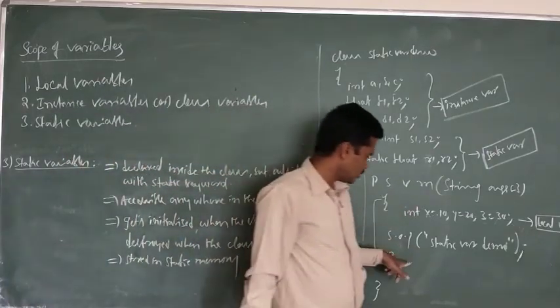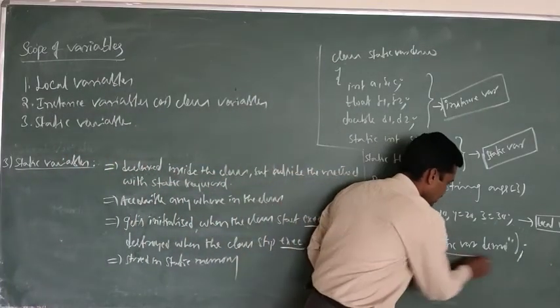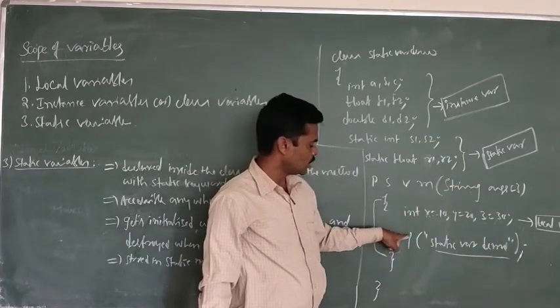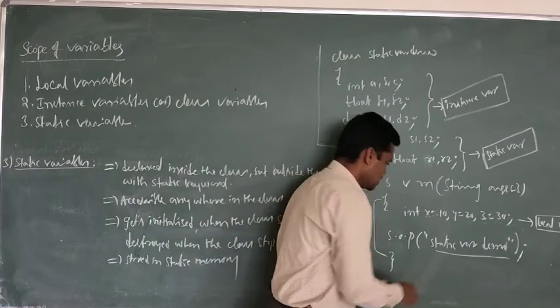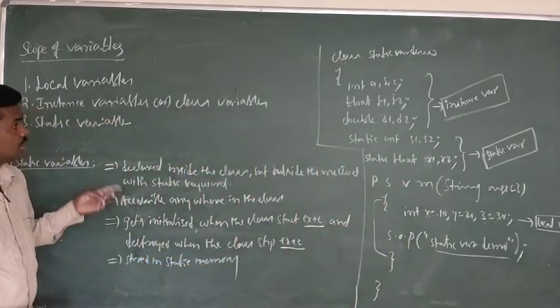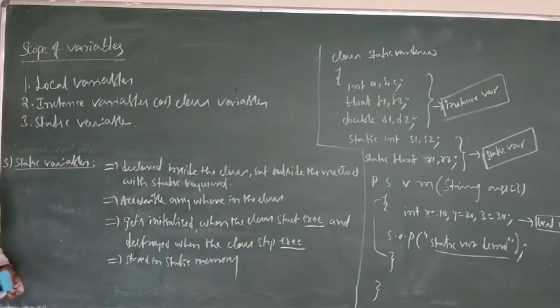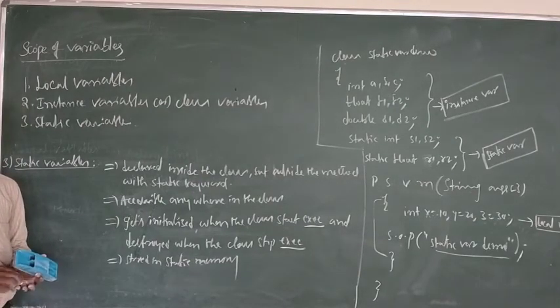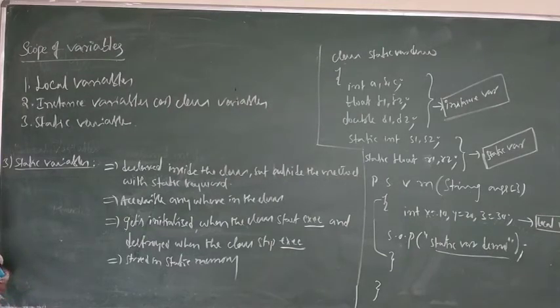And finally, here we are just indicating this is the static variable demo program, with just one System.out.println output. Understood? These are the three different types of variables we are going to use in a Java program: local variables, instance variables and static variables.